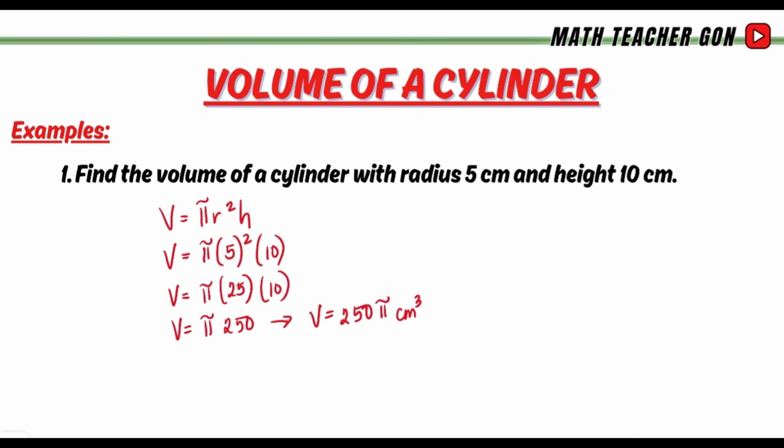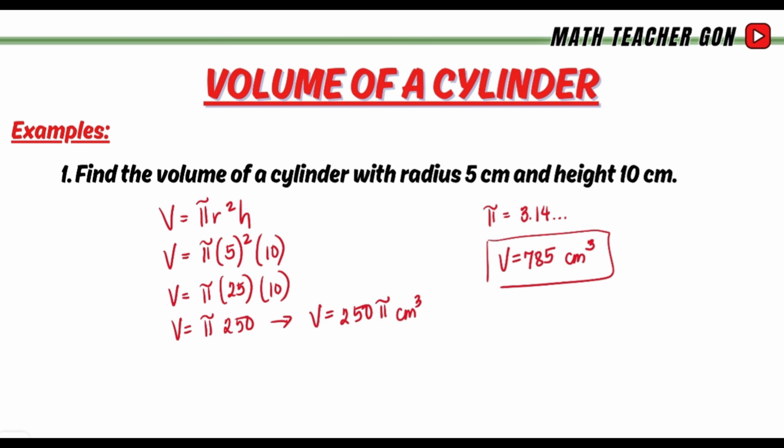Or, instead of using pi, we can use the value for pi, which is 3.14, multiply it to 250, and that will give you 785 cubic centimeters. So for example number 1, we have 785 cubic centimeters.